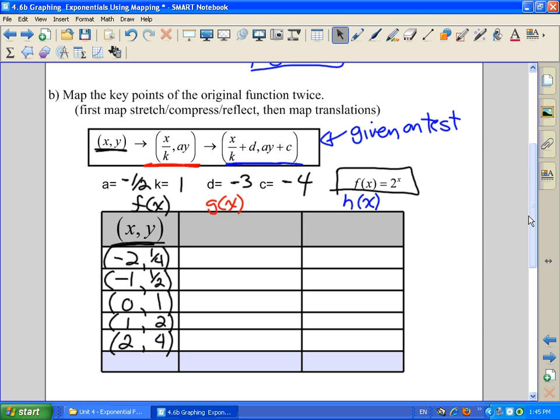So that's using the parent function. From there, we are going to use stage 2 of our sequence. We're going to take x and divide it by k. So in this case, folks, if k is 1, x divided by 1 just simply stays as x. When we do y, it's a times y now, so it's going to be negative 1/2 y. The easy part is doing the x-coordinate because it stays the same, everybody.